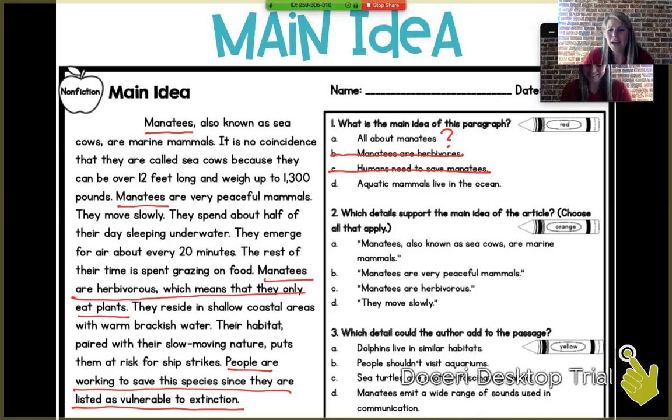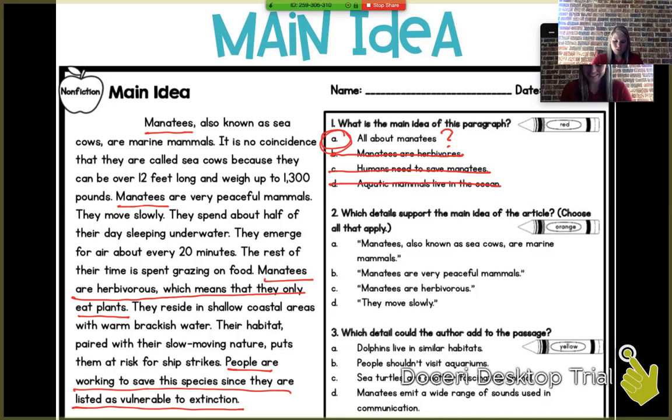Now, aquatic mammals would be dolphins, manatees, whales, and that's not what this whole paragraph was mostly about. We see that it focuses on manatees for the whole paragraph, so we wouldn't say that the whole thing was about aquatic mammals living in the ocean. So we're going to slash it and trash it, leaving A as our best choice, okay?